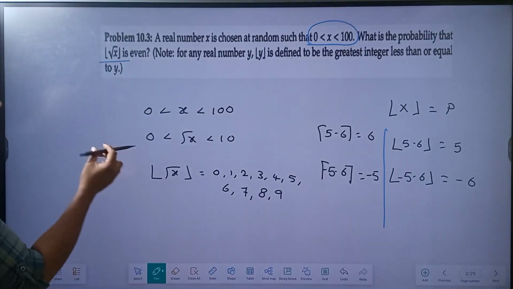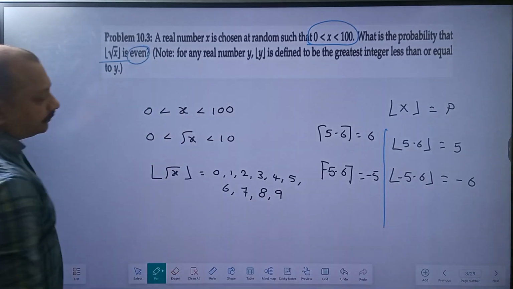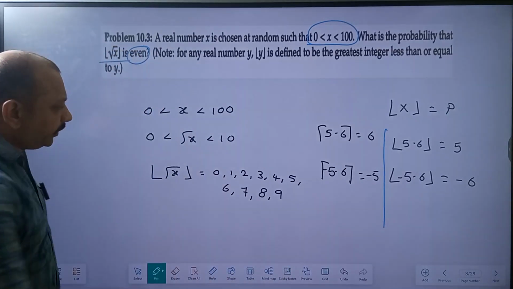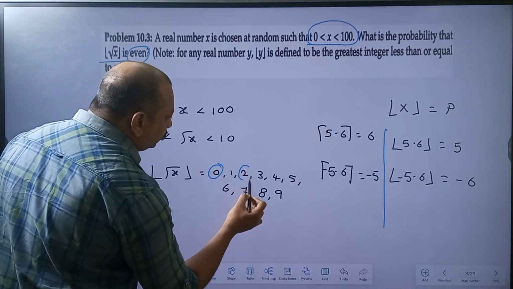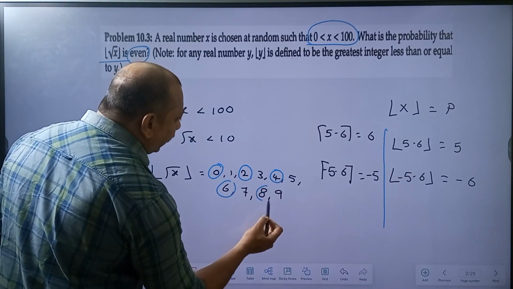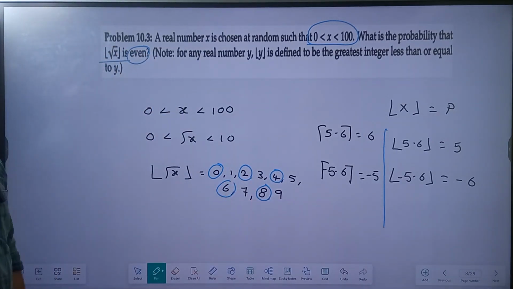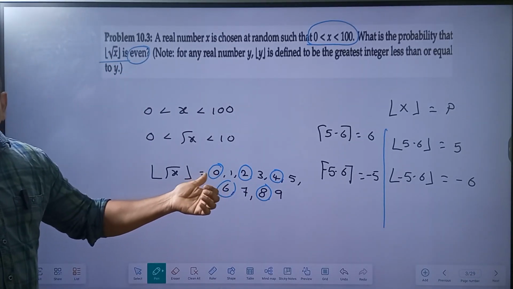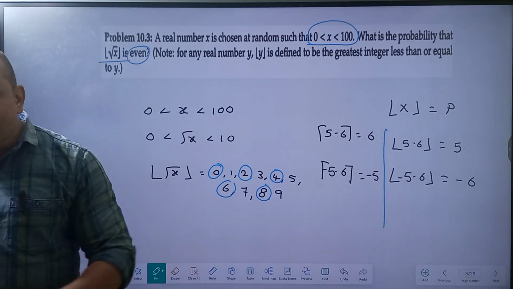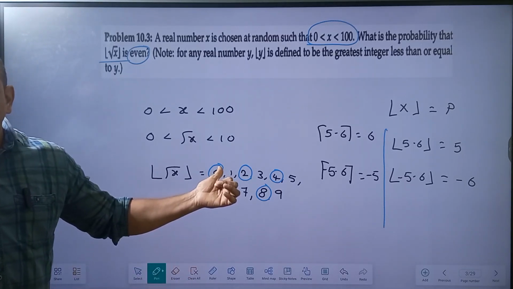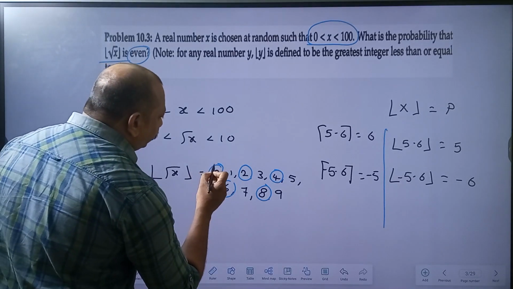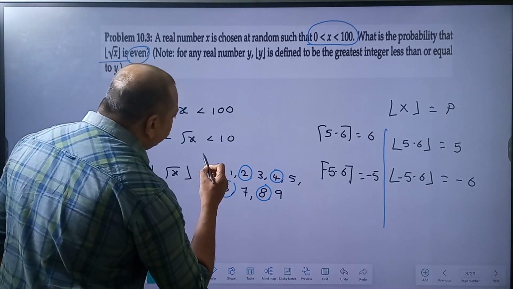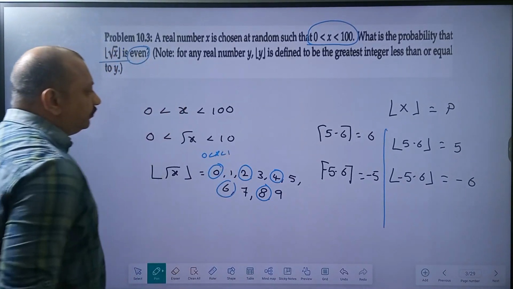On that, what they are asking is which is even. From a mathematical point of view, we consider 0 also an even number. So this can be 0, 2, 4, 6, 8. For 0, root x goes from 0 to 1, and anything from 0 to 1 gives floor 0. So from this point of view x is from 0 to 1, 0 less than x less than 1.